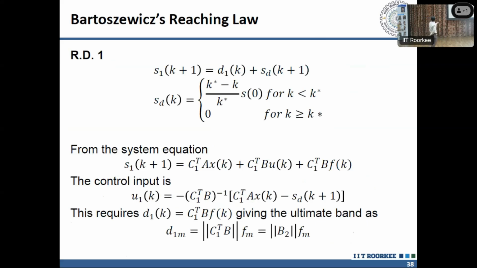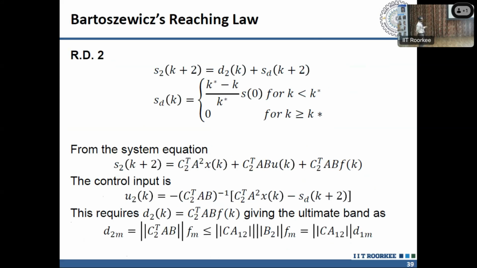This is the relative degree one reaching law proposed by Bartolozzi. It gave us the band D to be calculated further by breaking it down. That D M is norm of E to Fn. This is the calculation coming out. For S, if we simply increase one step here and do the analysis, we will be able to see what the control input is.